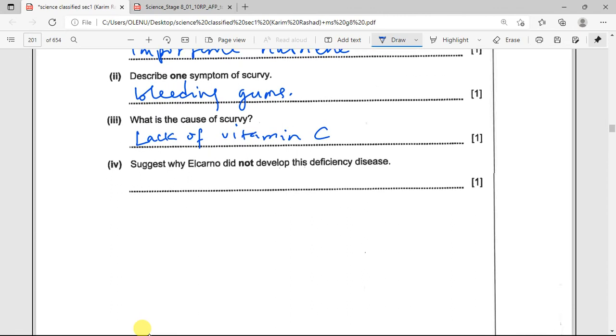Because he ate fruit jam. The spoonful he takes a day contains vitamin C. That's all.